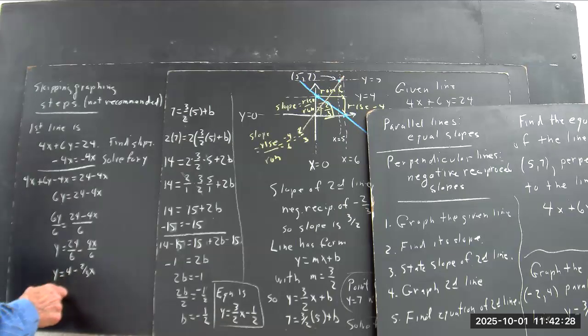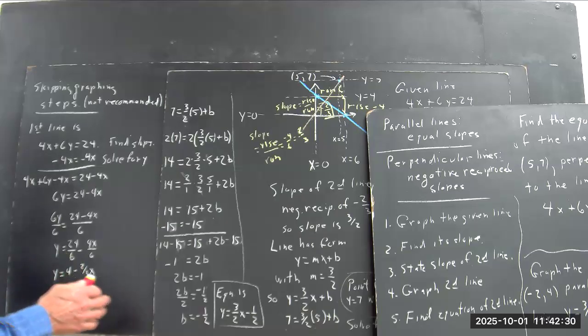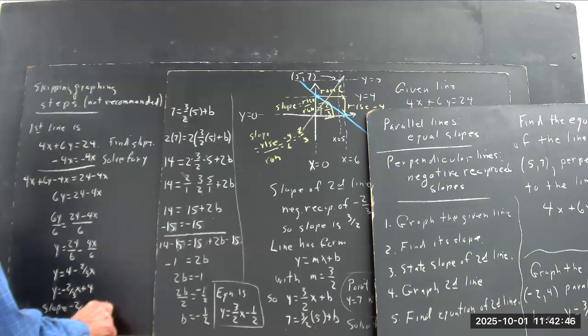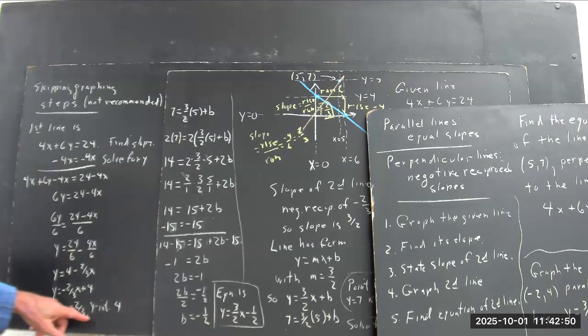We put this into the form we're familiar with, y equals mx plus b. We want the x term first, just to make ourselves really comfortable. We get this. So we find that the slope is negative 2/3 and the y-intercept is 4.